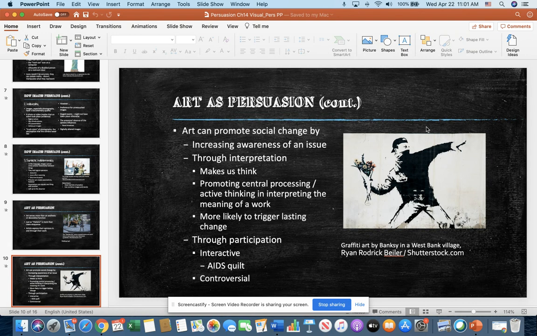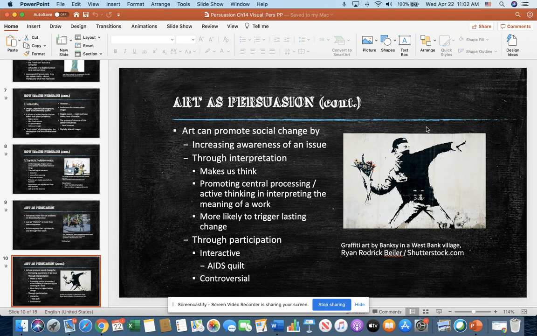And I can't remember if it was in this class or another class, but Picasso, after the bombing of a village in Spain by Nazi Germany, drew a piece of artwork that he wanted to make big and bold, to make a statement, so to bring up this issue of the bombing. So he did that. It also requires interpretation.